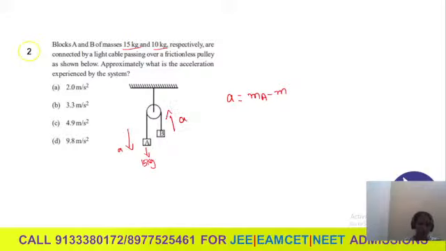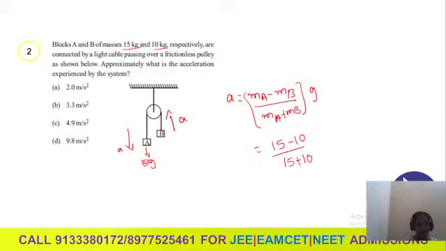We get acceleration as (ma minus mb) by (ma plus mb) into g. So substitute the masses: (15 minus 10) by (15 plus 10) into g, which is equal to 5 by 25 into g. Substituting the approximate value of g as 10, we get 2 meter per second squared as the answer.